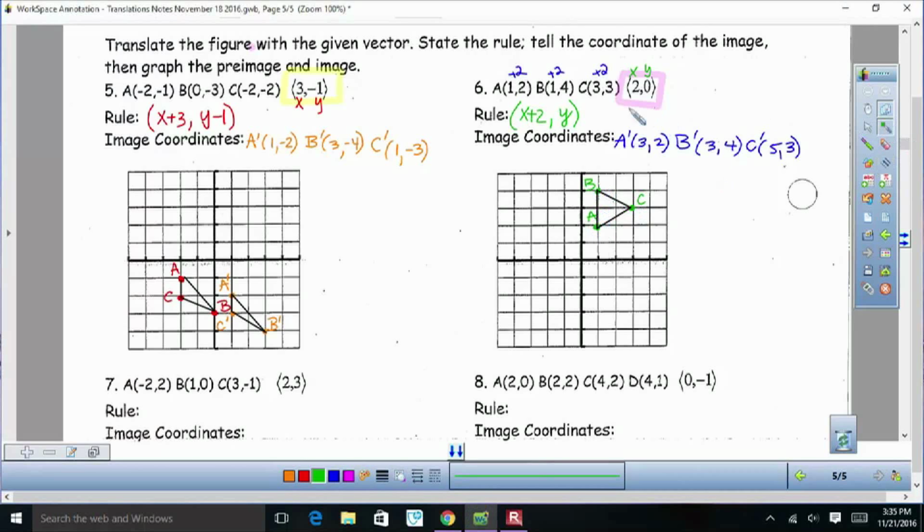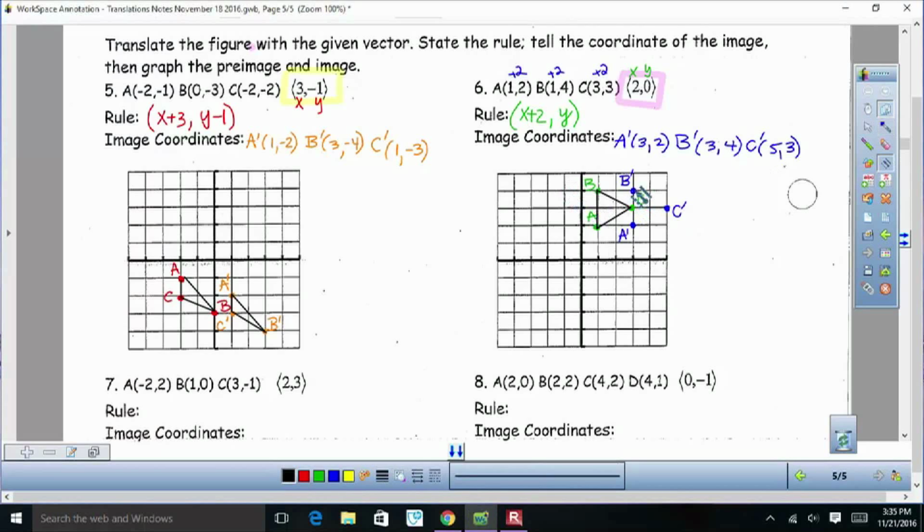Now we want to graph the image, our new image. So we're going to do 3, 2 as A prime. We have 3, 4 as B prime. And then we have 5, 3 as C prime.